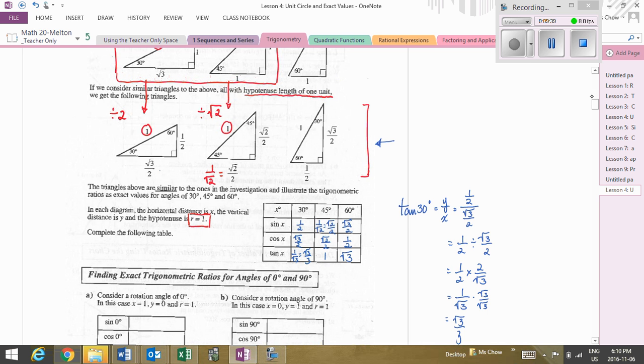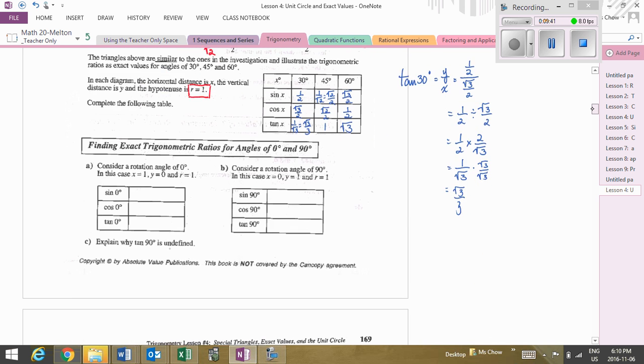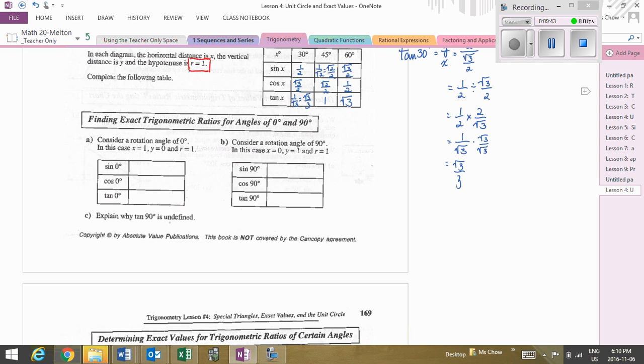If we go down and we're looking at finding exact trig ratios for angles of 0 degrees and 90 degrees, think about it as if r is equal to 1. If we're looking at 0 degrees, that tells us that our terminal arm is on the positive x-axis. The easiest thing to think about is that our x value is obviously 1, y value is 0, and r is equal to 1 here.